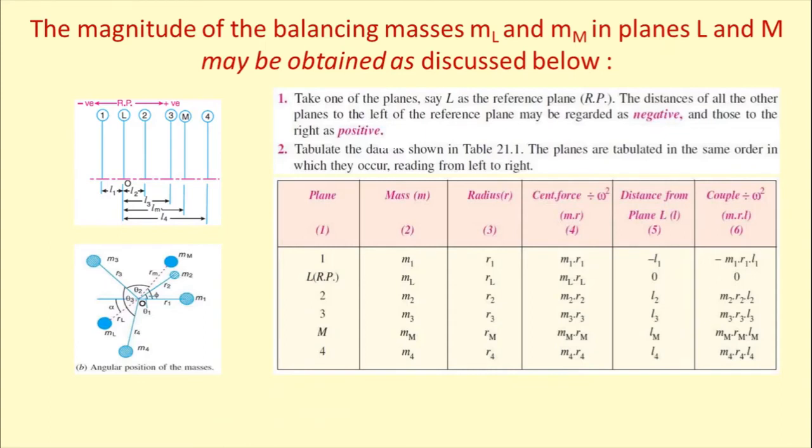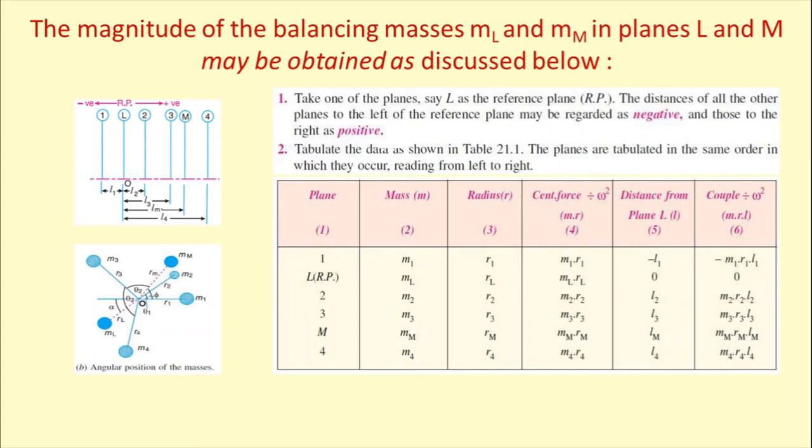So over here, this type of table that we have to construct for the sample problem given, we can see that in different planes, different masses are distributed like 1, 2, 3 and 4, and in between 1 and 2 there is one reference plane or RP, where one balancing mass will be kept, and between 3 and 4 another will be kept.